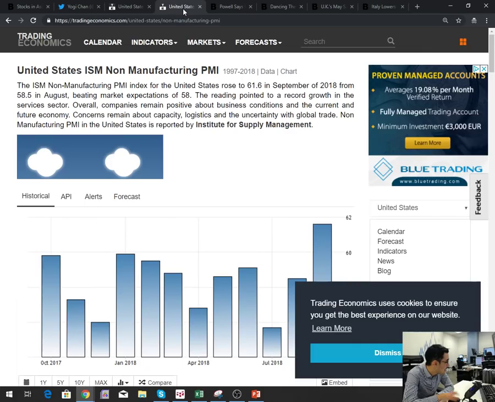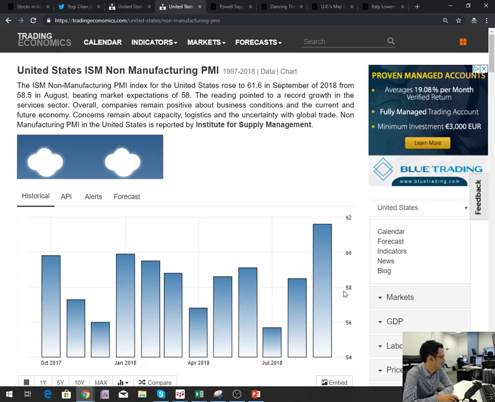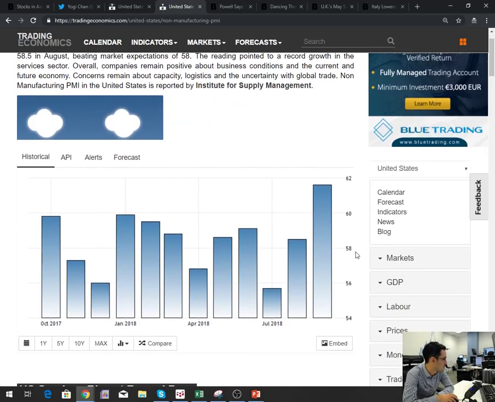Not only that, check out and remember the ISM non-manufacturing PMI. I mean, this was outstanding. 61.6, above market expectations of 58. I've been watching markets now for more than 12 years, and I haven't seen a beat of that magnitude very often.